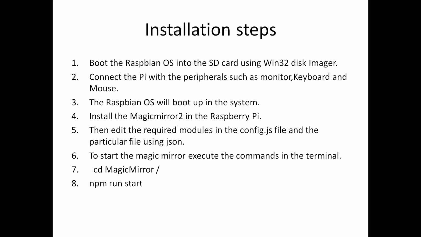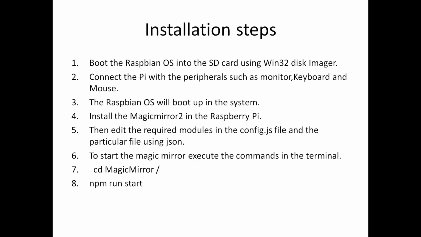Magic Mirror is the particular software we are using because we have to display all the modules such as time, date, random quotes, news, etc. The main advantage of this Magic Mirror is that it's very user friendly and you can customize these modules using the config file in the Magic Mirror folder.